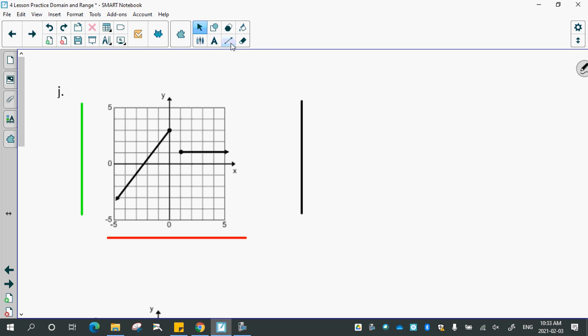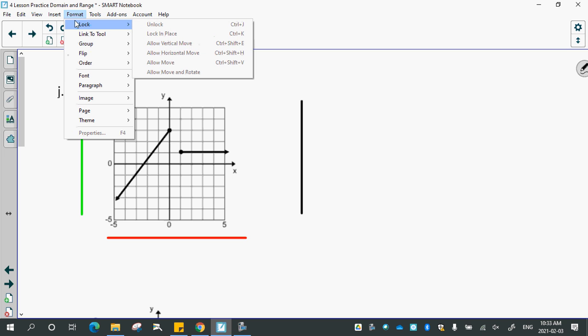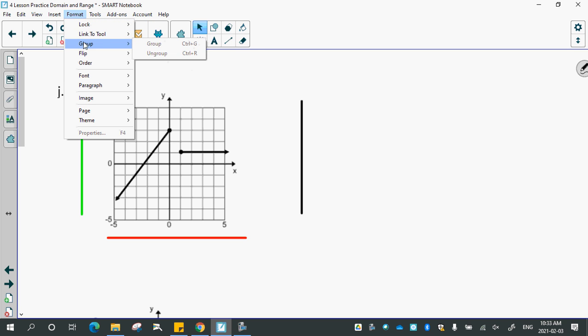View. Format, lock. But it won't let me. No.